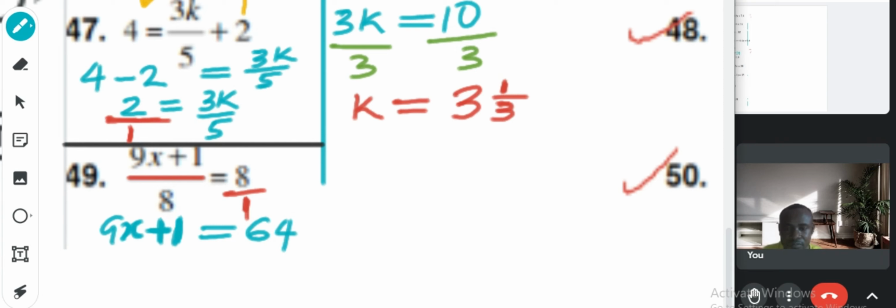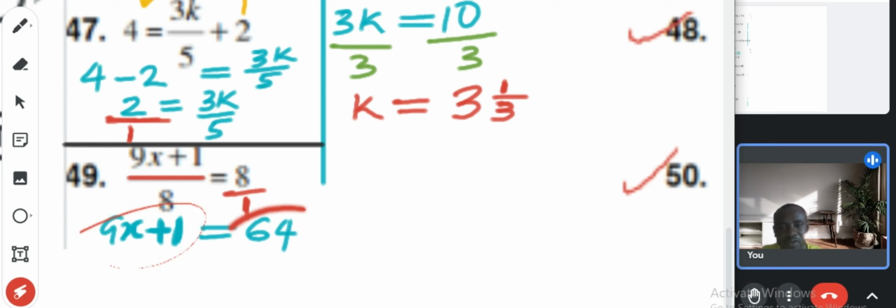Then you divide 9x plus 1 by 9x? Are you serious, when you have not collected like terms? Divided by 9 plus 1? No, you cannot until you move 1 to the other side. You need to collect like terms now.